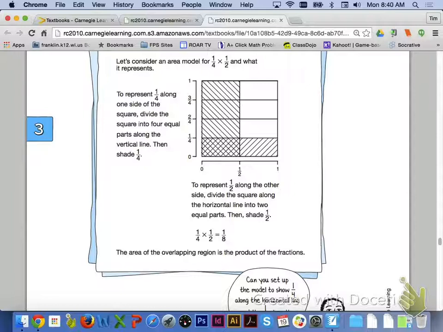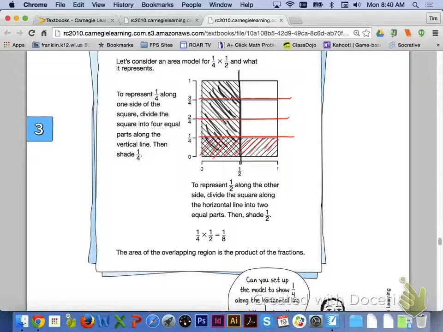Let's consider an area model for 1/4 times 1/2 and what it represents. So like we talked about with the previous example, the first thing that I'm going to do is break up my model into 1/2, two equal sized parts, and I have that shaded in with the black. The next thing that I want to do then is break up that half into equal size fourths, and I have that represented with the red.